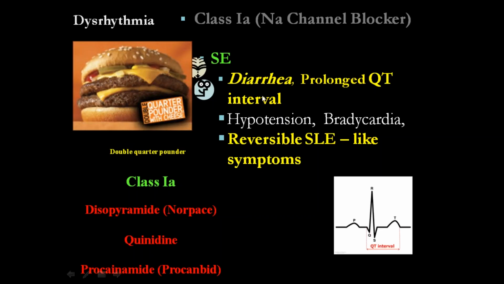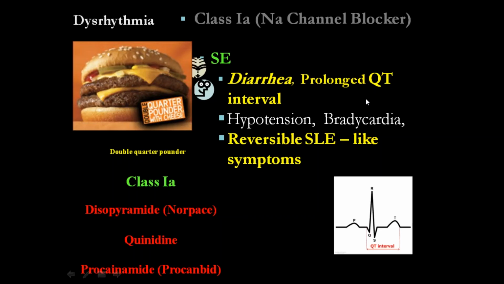The most common side effect of class 1A will be diarrhea. Another important thing I want you to recall is irreversible SLE. SLE means systemic lupus erythematosus. Those are going to give signs and symptoms of lupus, and they are going to be reversible.